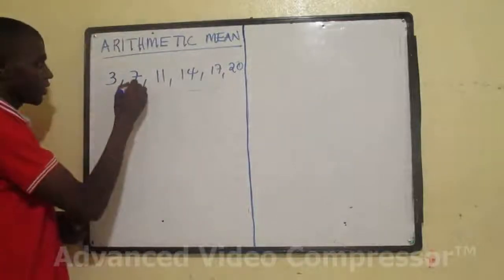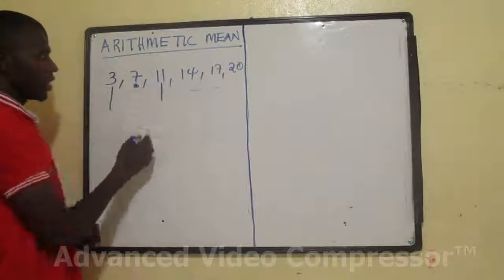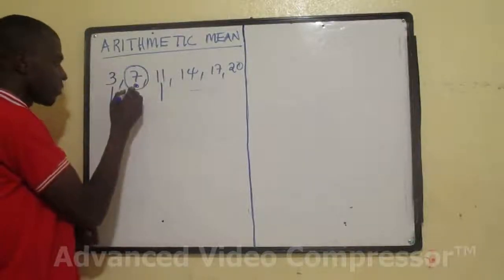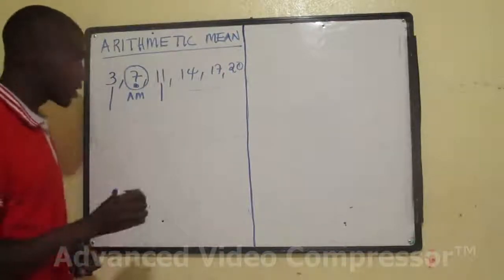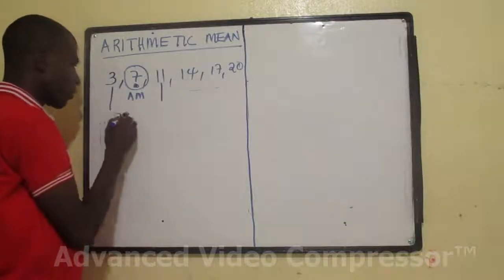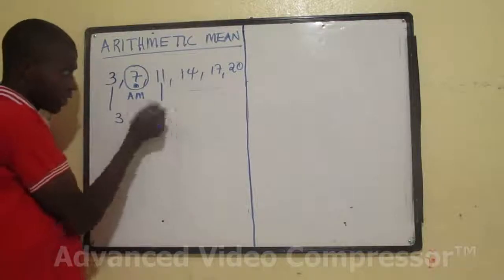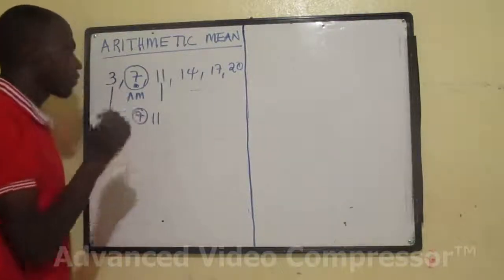So 7 is lying between 3 and 11, so 7 is the arithmetic mean of 3 and 11.